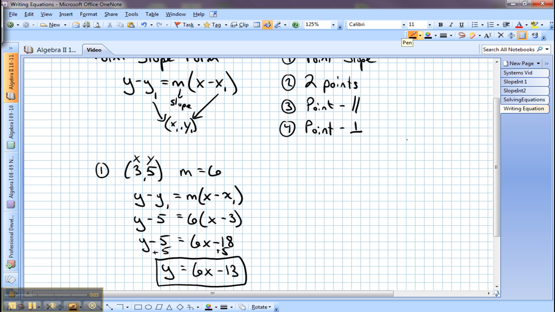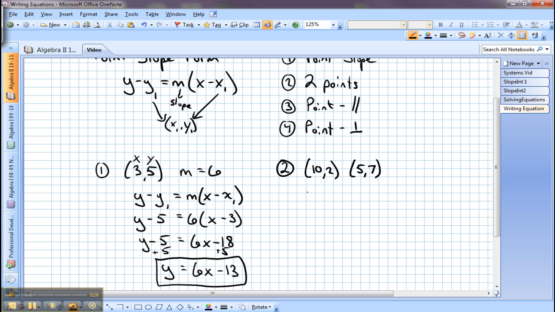If we were given 2 points, let's say the point 10, 2 and the point 5, 7, and we were asked to write the equation of a line that would pass through these 2 points, first we have to find our slope. To use point-slope form, we have to be able to substitute in an ordered pair and the slope.